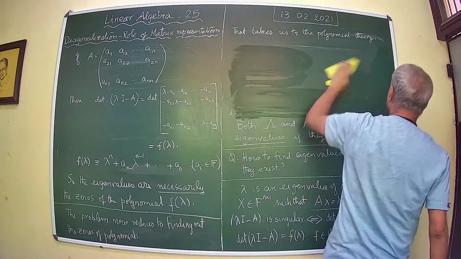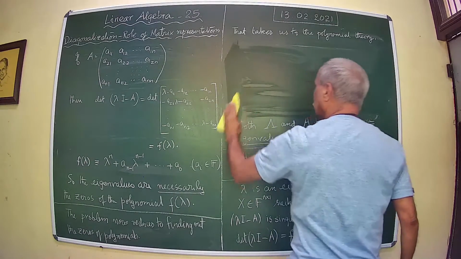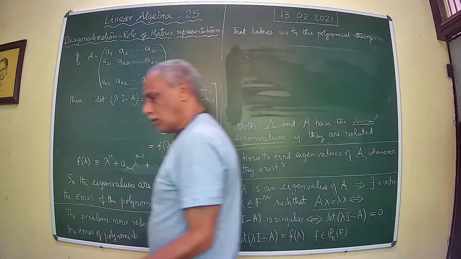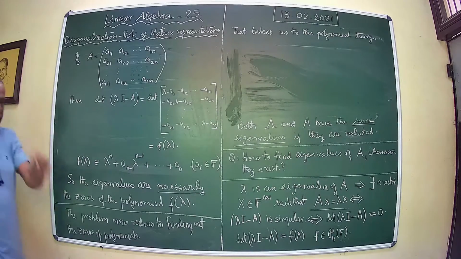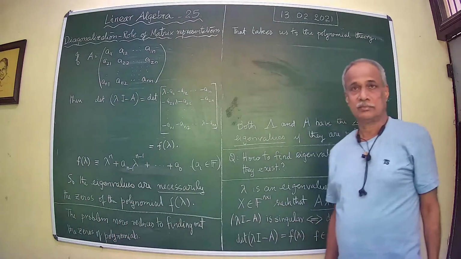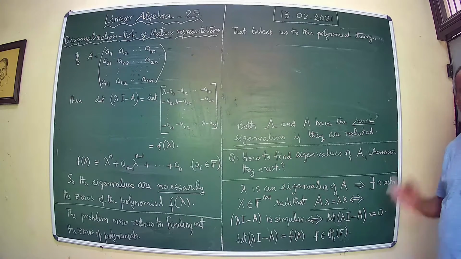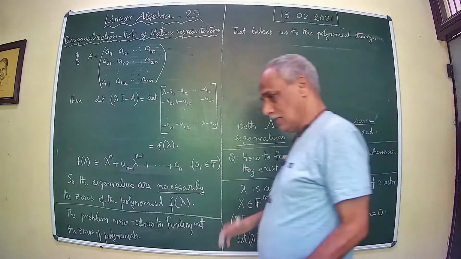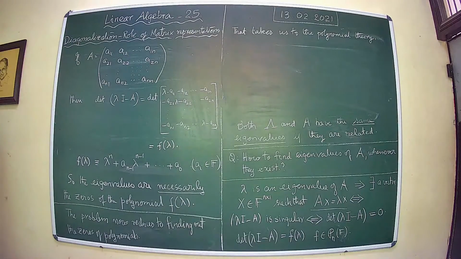But even if you are not able to compute the eigenvalues or the zeros of the polynomial, still you can ask the question, do you know that they do exist? It's one thing to compute something, another thing to prove that there exists a solution.